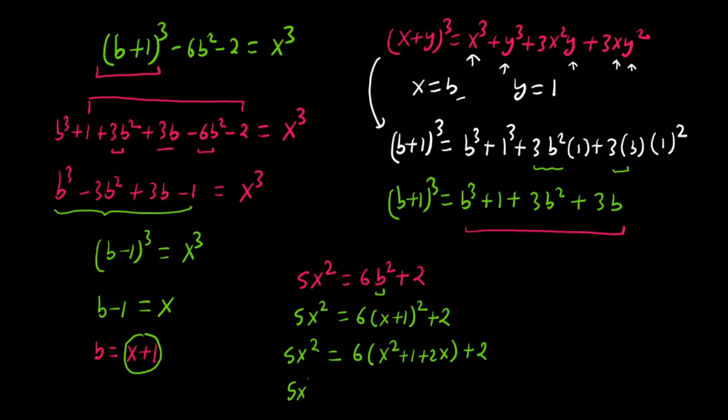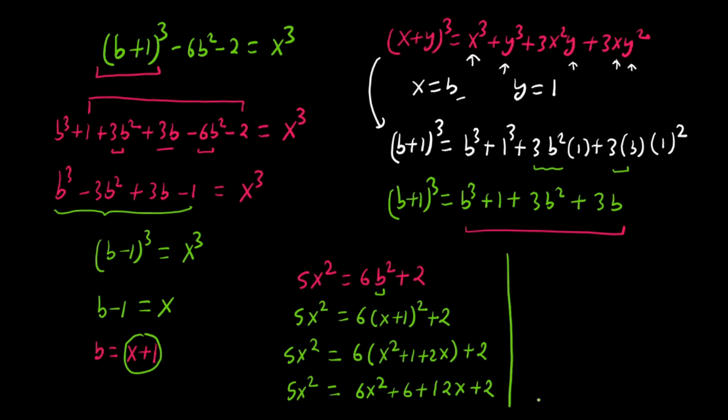Then 5x square is equal to 6 multiplied by x square, so 6x square, and 6 multiplied by 1, then we get plus 6, plus 6 multiplied by 2x, then we get 12x, plus 2.